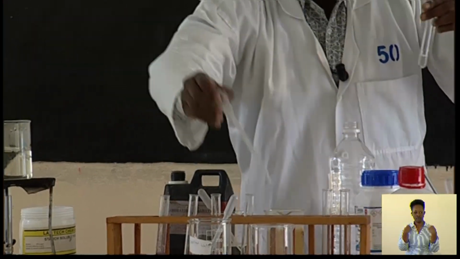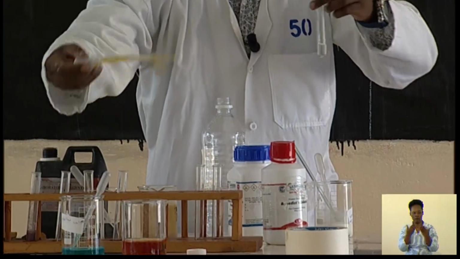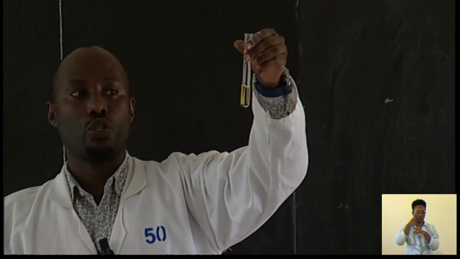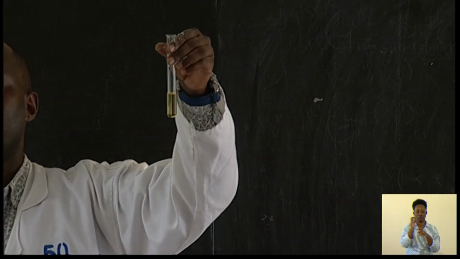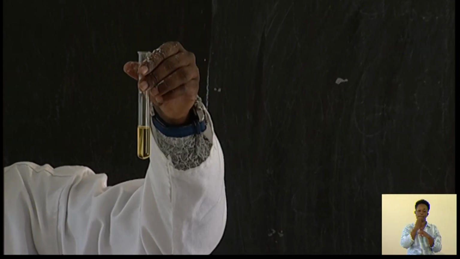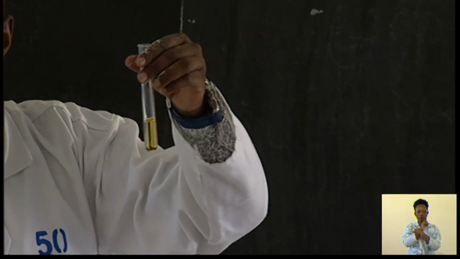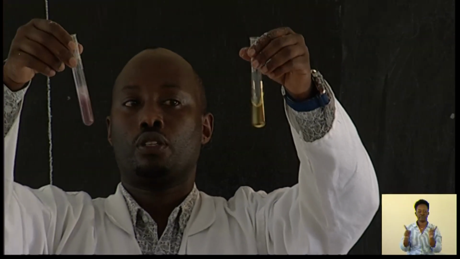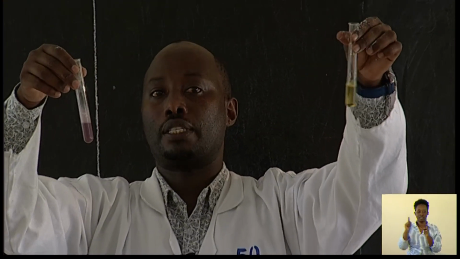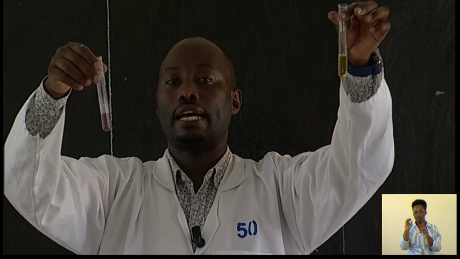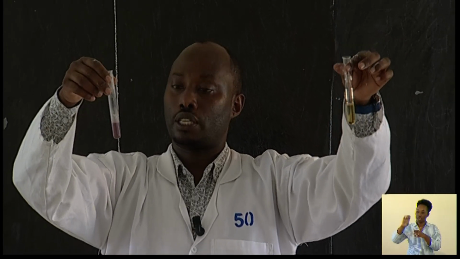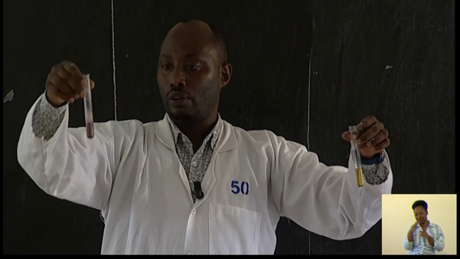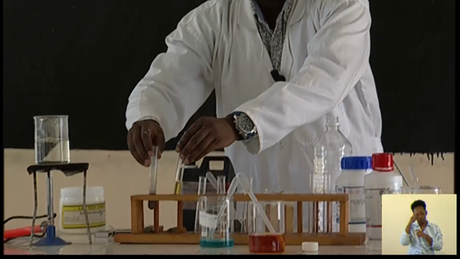You can check: the brown color of the iodine solution persists. So it means that in the distilled water there is absence of starch. Compare the two. Here the brown color of iodine solution persists, meaning in that solution there is absence of starch. But this one is blue-black in color, which indicates there is presence of starch.